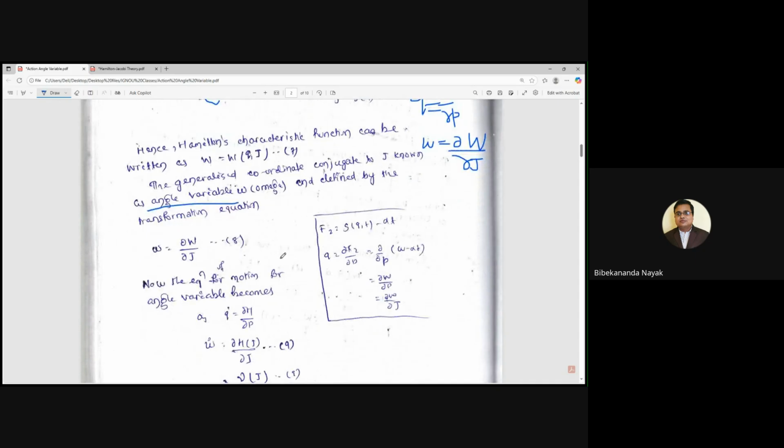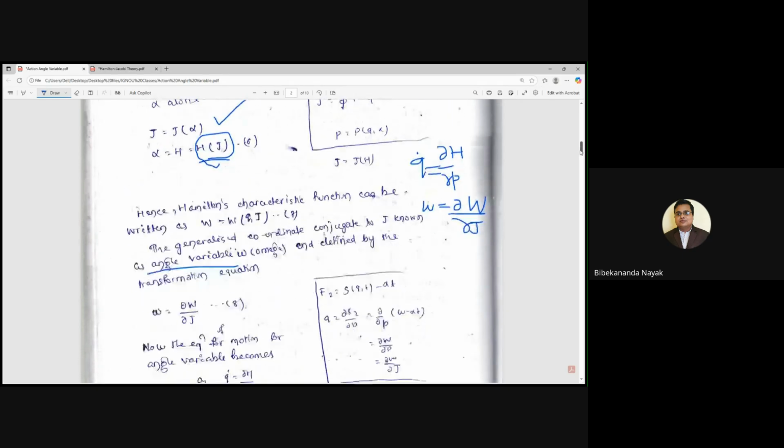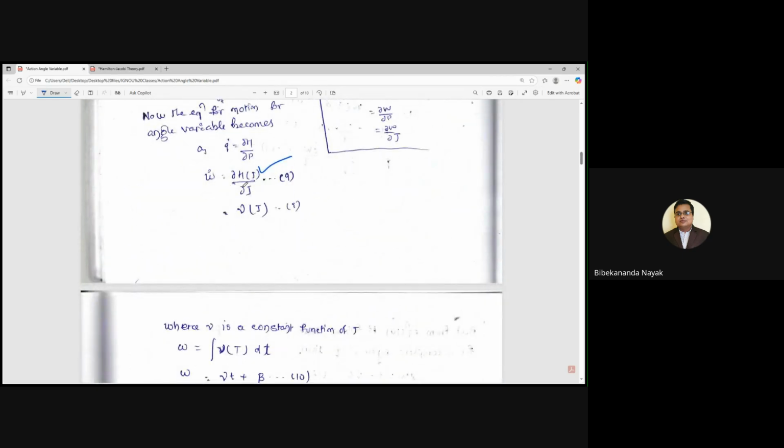So this is an angular variable. Since Q dot is del H by del P, w dot is del H by del J, similar to this formula.